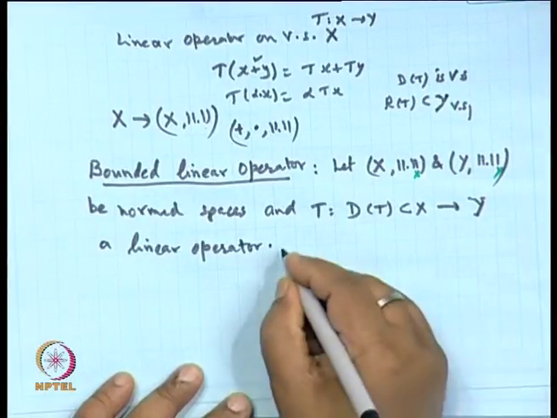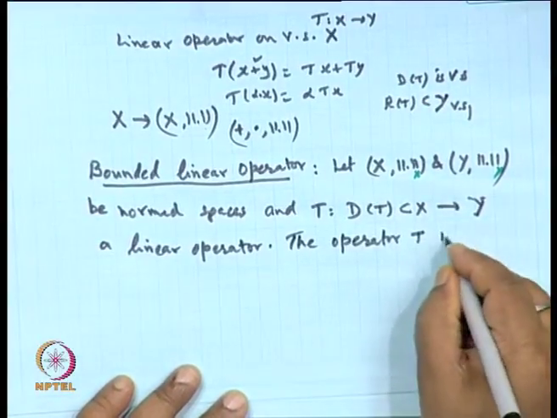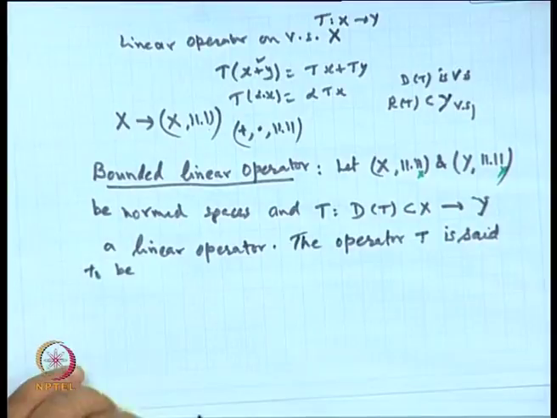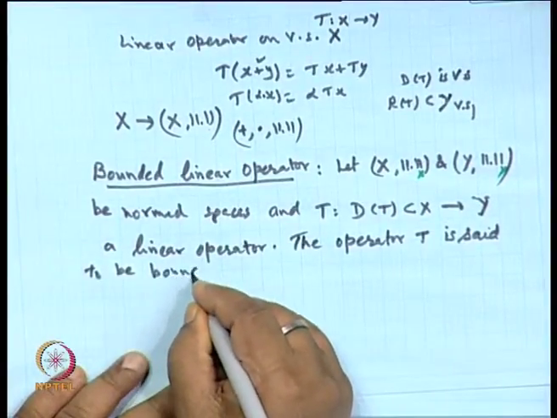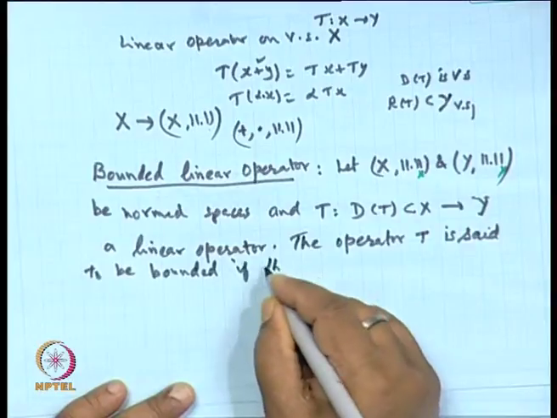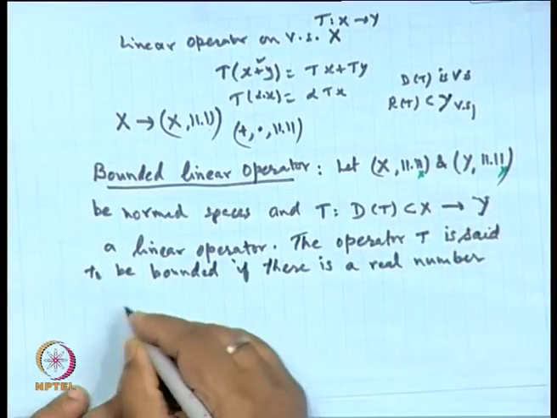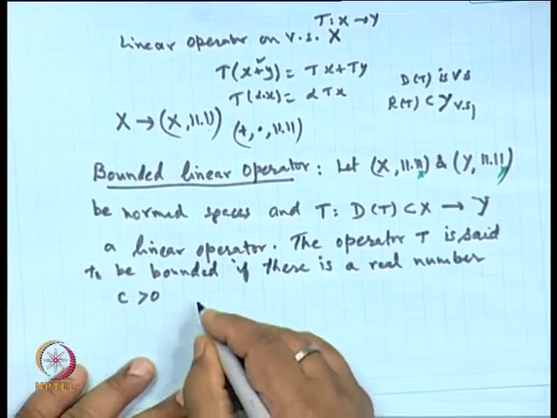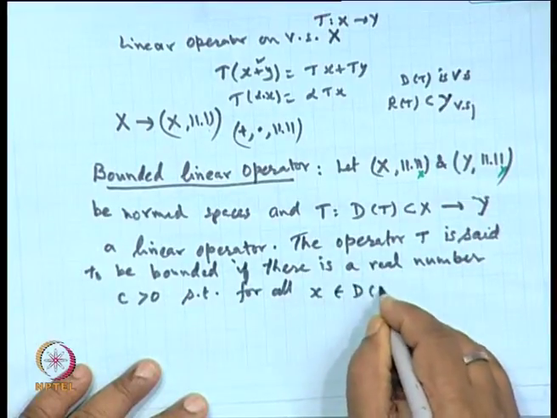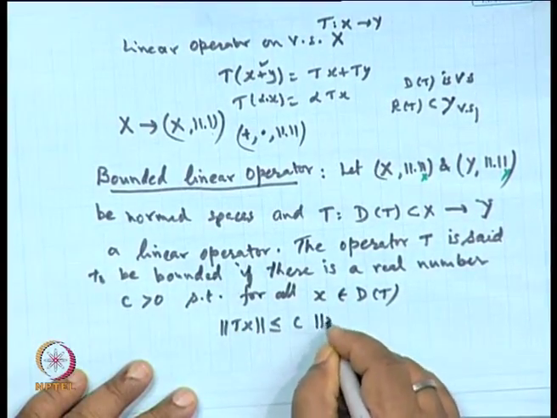Then the operator T is said to be a bounded linear operator if there is a real number C, of course C will be positive, such that for all x belonging to the domain of T, the norm of Tx is less than or equal to C times the norm of x.